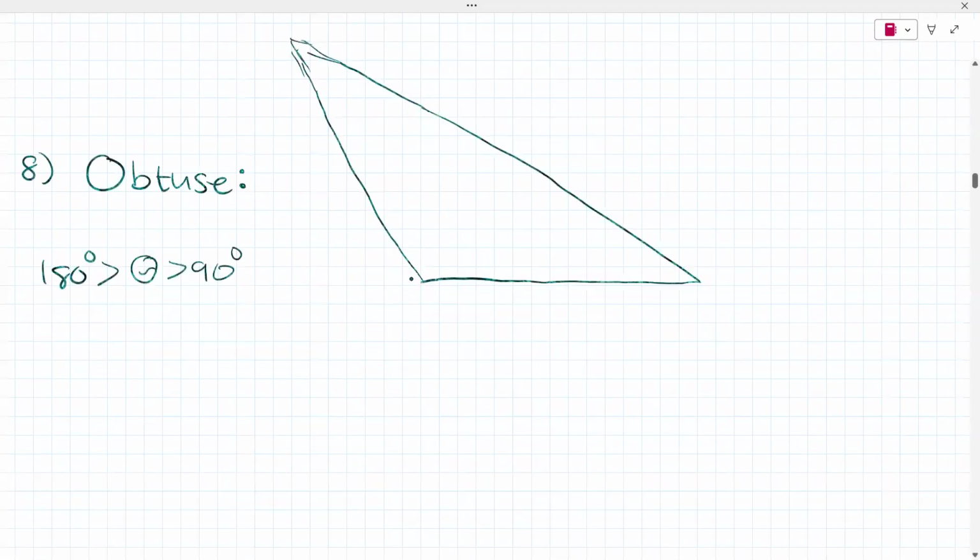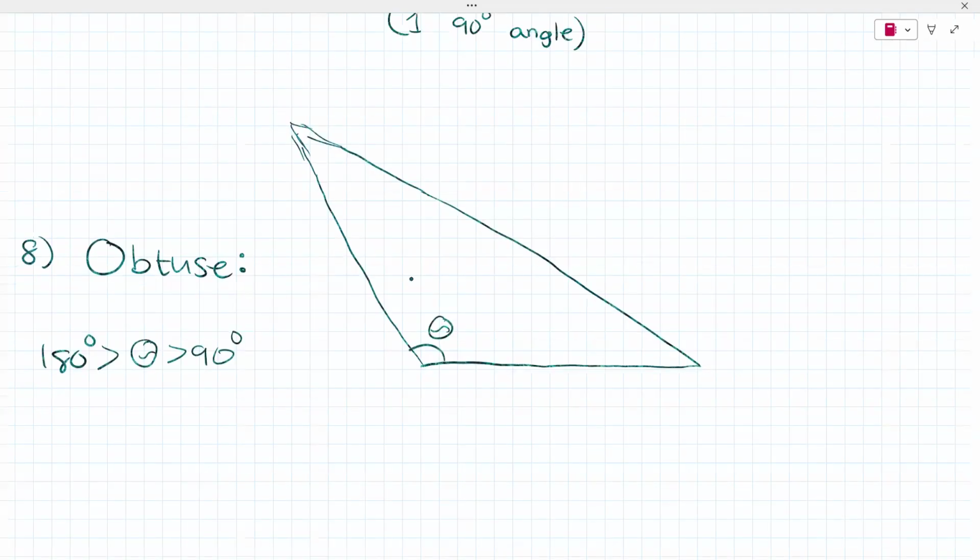And then in obtuse, you have what is an obtuse angle? So this angle here would be obtuse. It just means greater than 90 and less than 180. So an example could be like 120 degrees, right? It's still greater than 90, but less than 180.